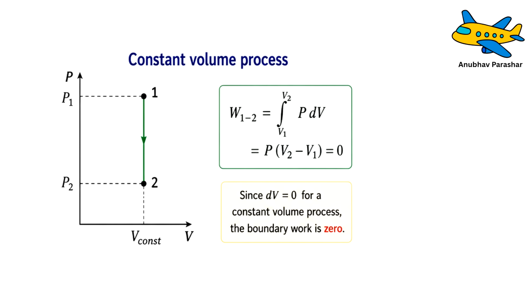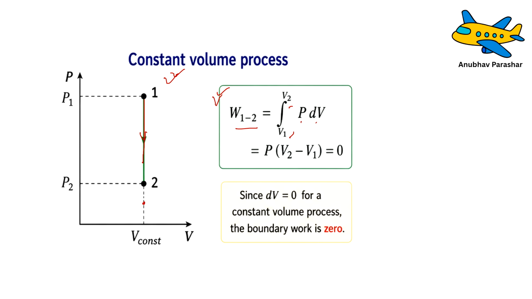It is even easier if you want to calculate the work done in a constant volume process. Now you can look at the curve and tell me, what is the area under the curve? The area under the curve is simply 0. There is no area. So definitely in a constant volume process, the work done will be 0. We can see it mathematically also. Work done in process 1 2 is equal to the integration from V1 to V2 of PdV.